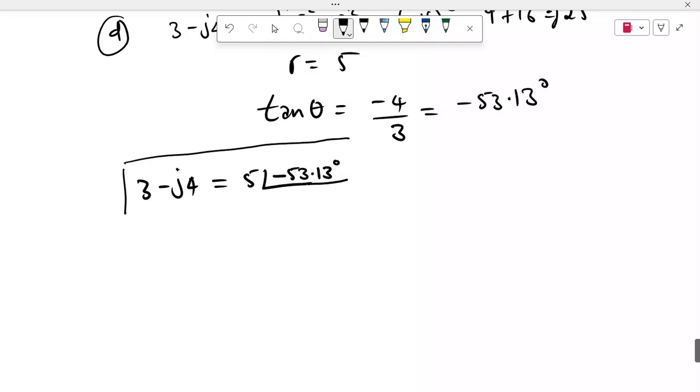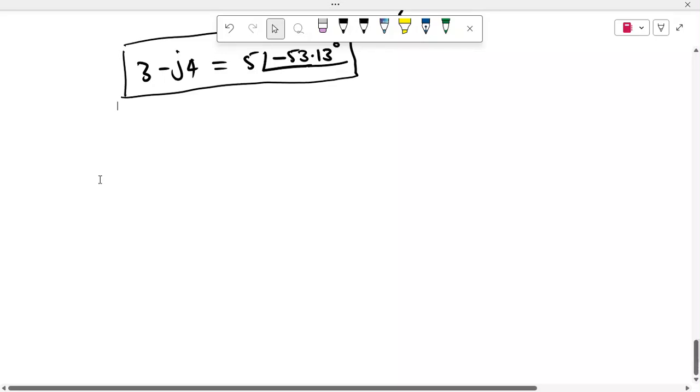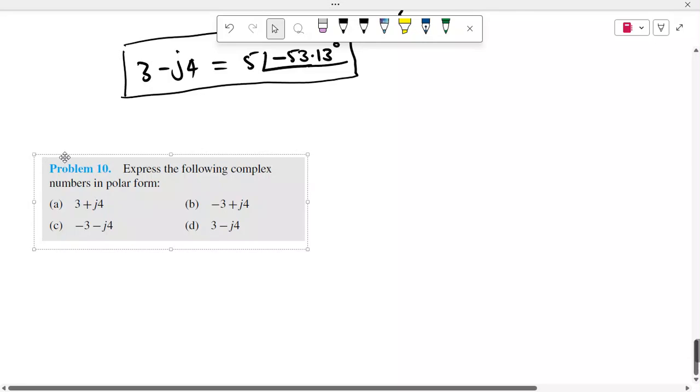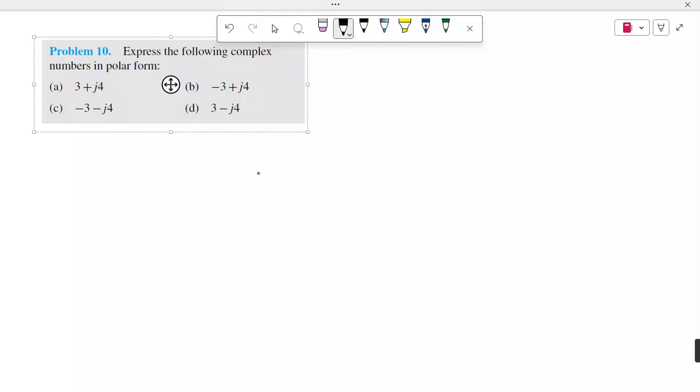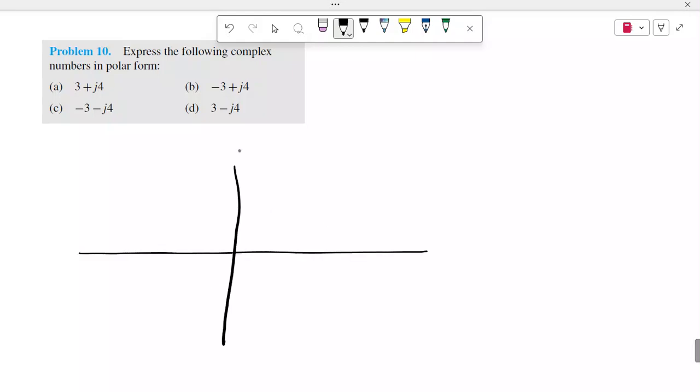Okay, so now I want us to represent these. We try to show them on the polar coordinate, even if we are not requested to do that. So let's do that. So for part A, let's draw. We can draw a straight line. Okay. So let's say this is our imaginary axis.